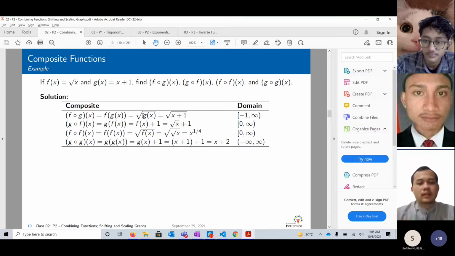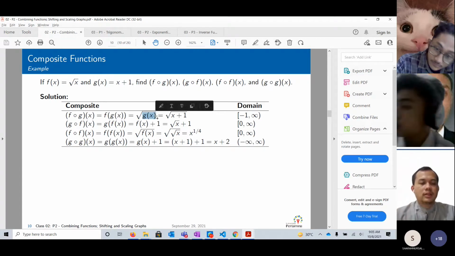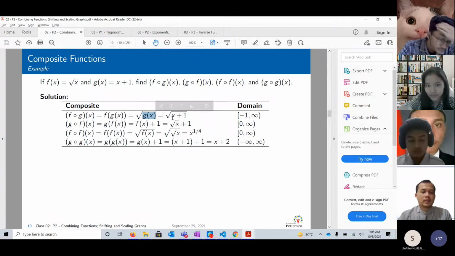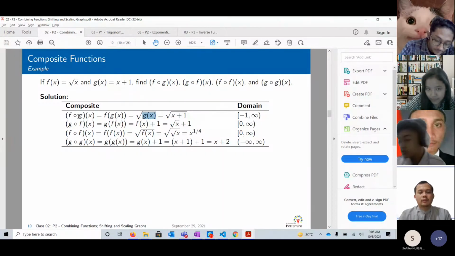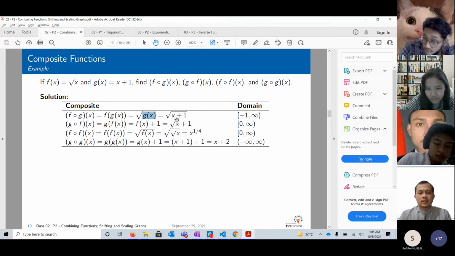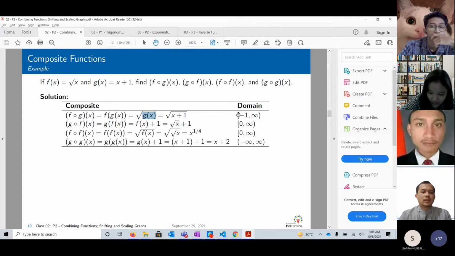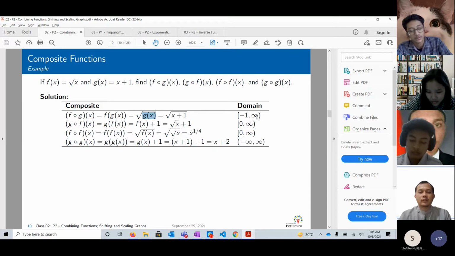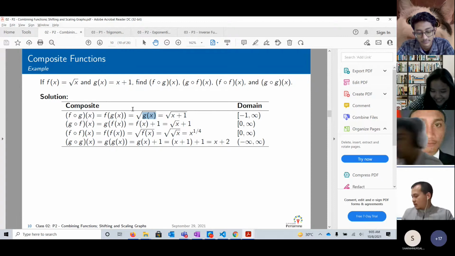And now we can substitute g of x as x plus 1, because g of x is x plus 1. So f composed with g is square root of x plus 1. In this case, the domain now becomes from -1 to infinity. Why? Because of this, basically.